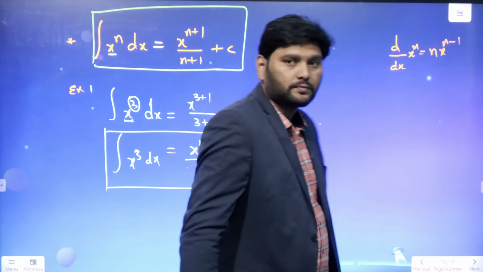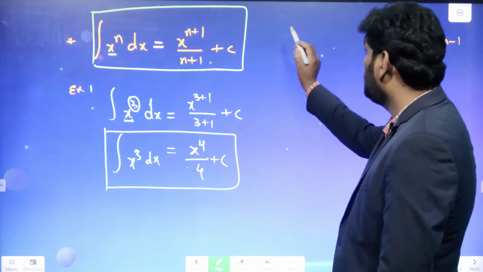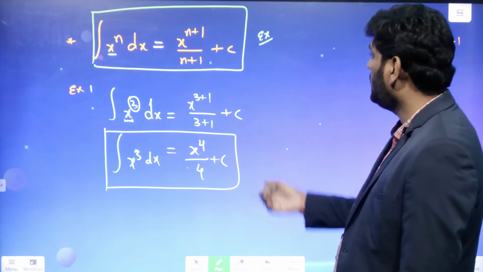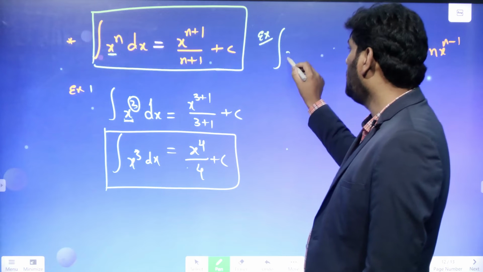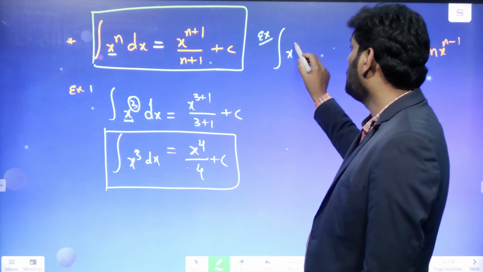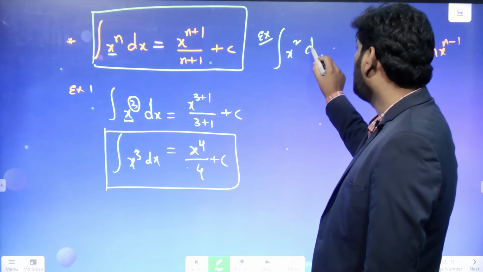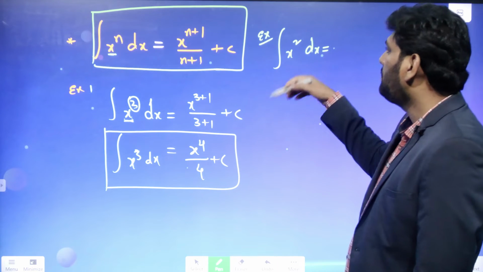So now I'll give one more example. Look at here, one more example. The example is integral x power 2 dx, same formula. Here the power is how much?